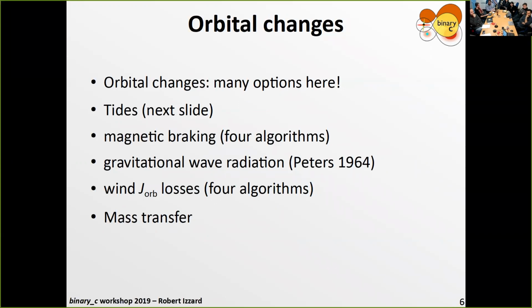But the binary stuff that's important that you need to know about, I haven't really talked about binary physics at all yet, so I thought we'd better bring some in. In terms of orbital changes, there are many things you can do, and you have many options in the code. I'll talk about tides in a second, but just bear in mind tides are very important for post-interaction binaries. We now have 4 algorithms for magnetic braking compared to BSE's 1.